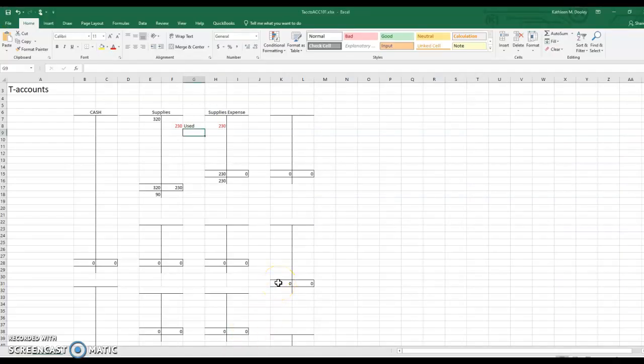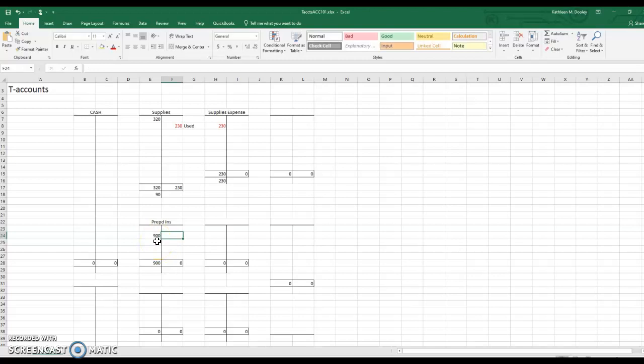So when we purchased this on December 1st, we had put it in prepaid insurance, and that was 900 that we had put in prepaid insurance.